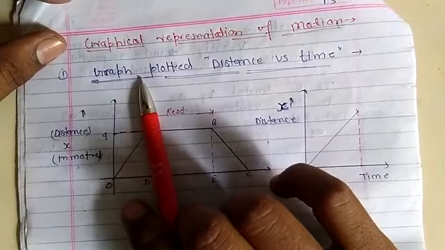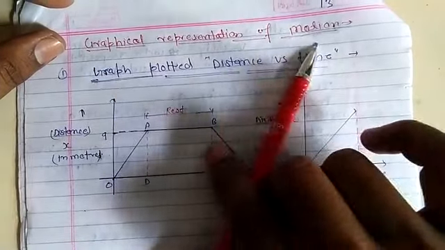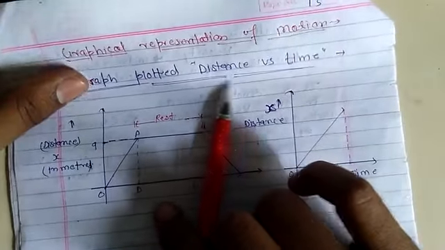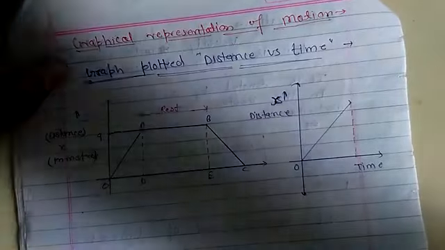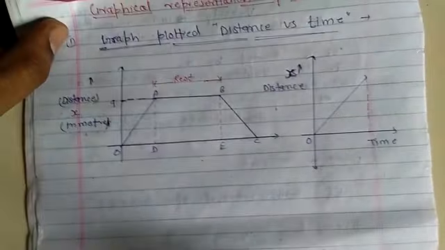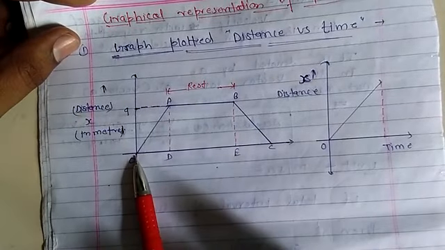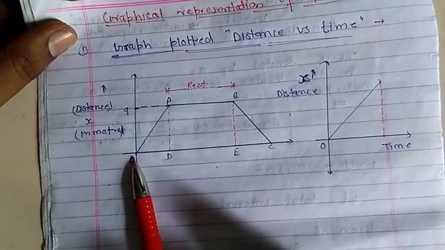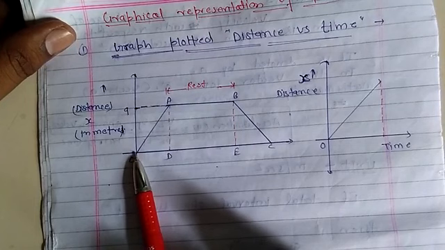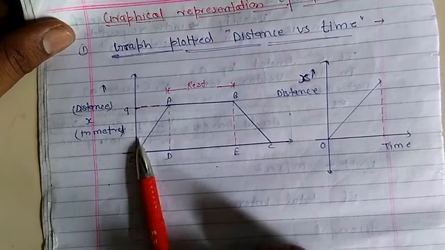Next term is the graphical representation of motion, a graph plotted between distance and time. This is the x-axis, this is the y-axis, and the motion of the object is described such that the object starts from the zero position and travels.